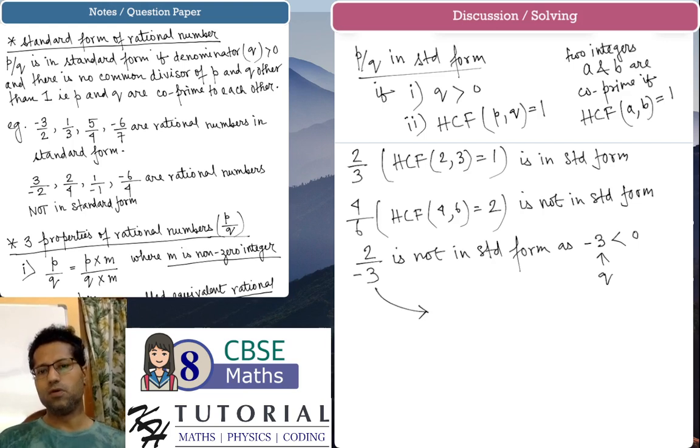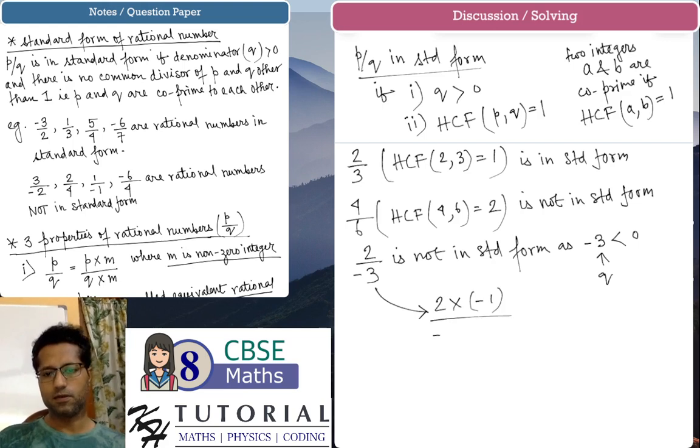First of all, you see that the denominator, the Q, is less than 0. First, you have to make it positive. How do you make a denominator positive while keeping the rational number unchanged? You just multiply both the numerator and the denominator by minus 1.